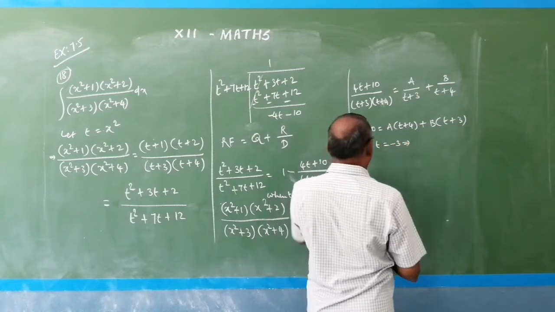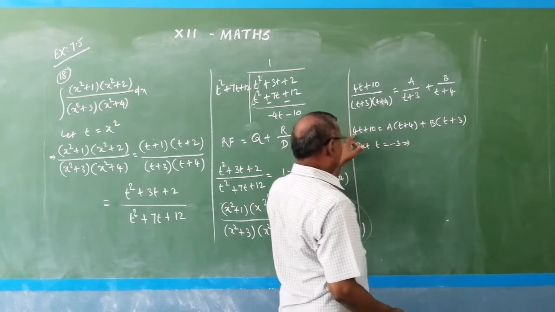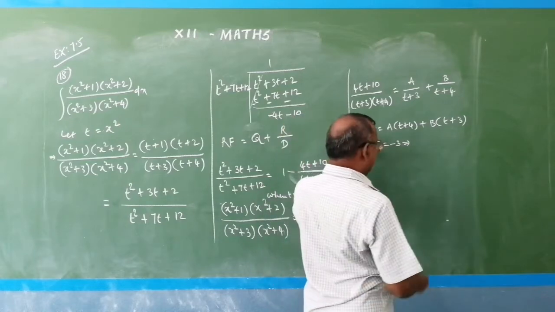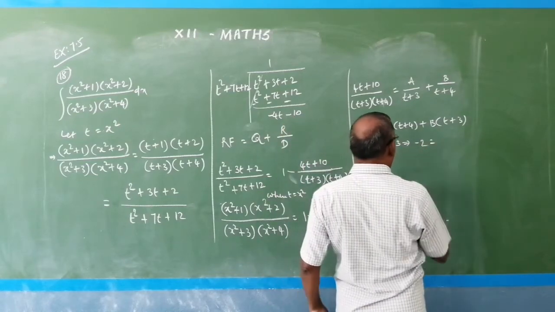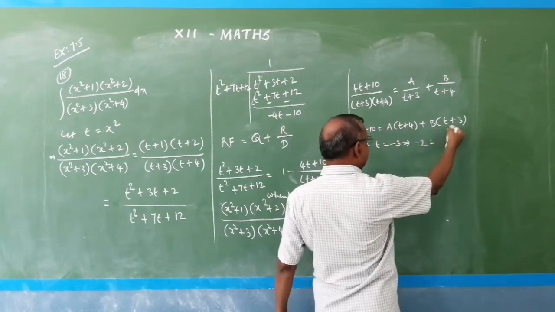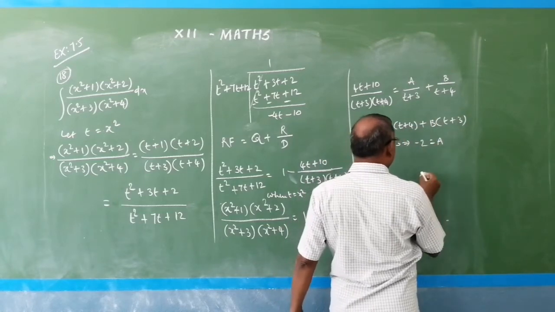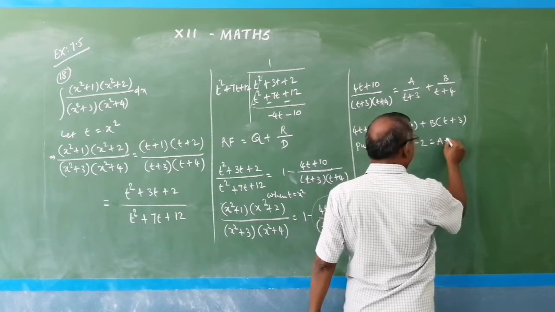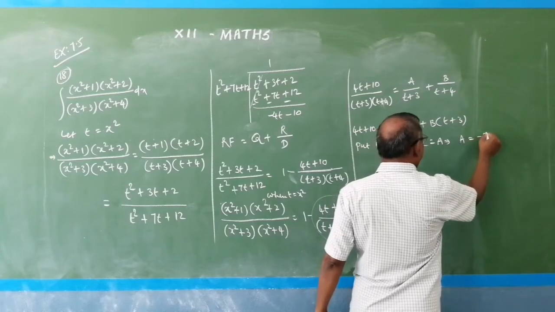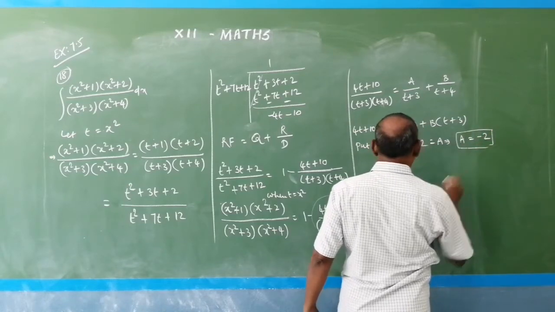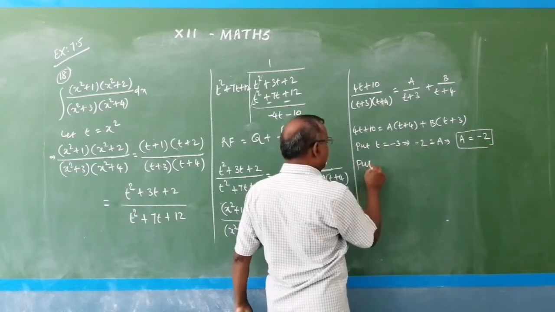Then it is minus 3 into 4, minus 12, minus 12 plus 10, minus 2. So minus 2 equals, when t equals minus 3, this part is eliminated. Minus 3 plus 4 is 1, so this is a. So a equals minus 2.